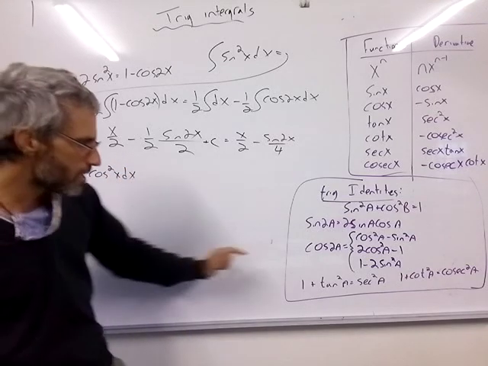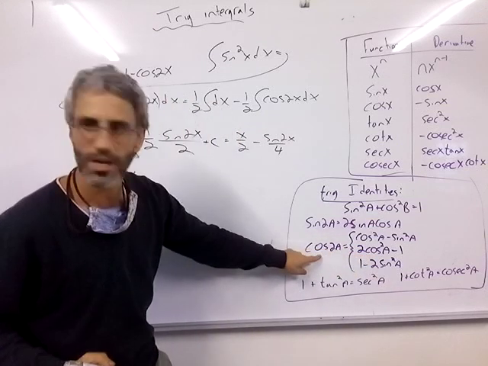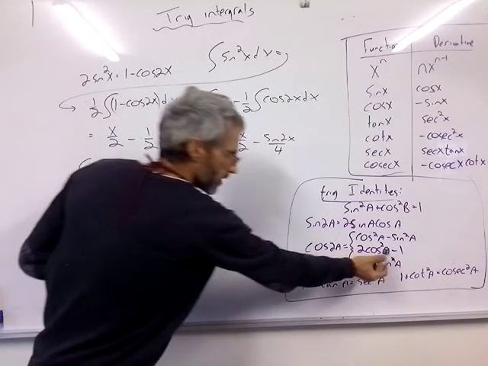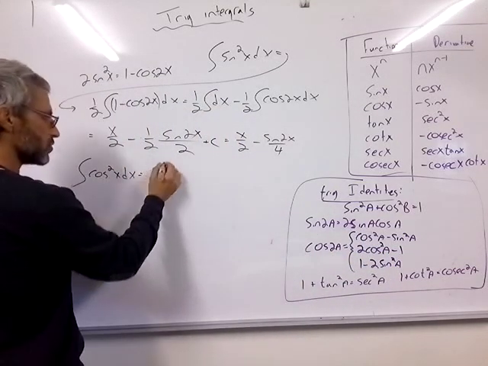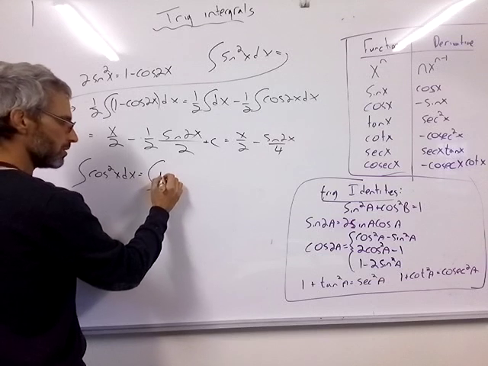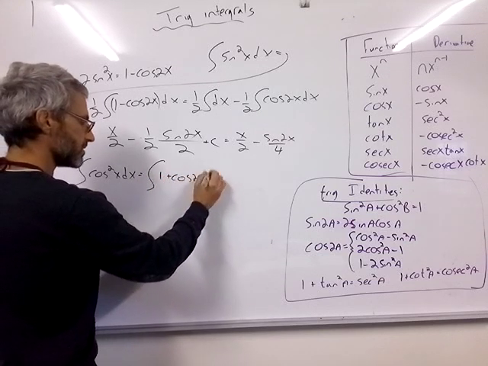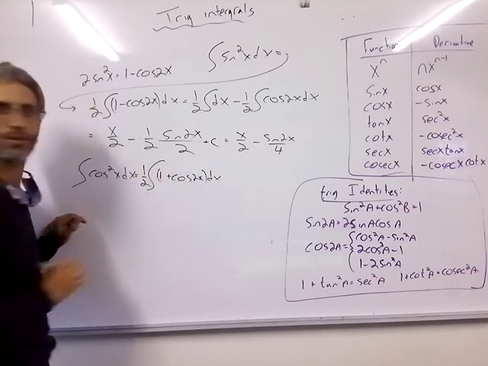Now we're going to move from cosine square to the cosine double angle. So let's see if we can do that. I'm moving the 1 over to there and then dividing by 2. So now it's going to be 1 plus cosine 2x dx, and all of that I should times by half.